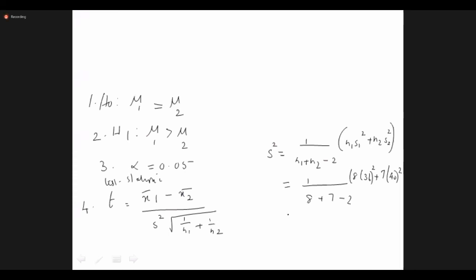This gives 1659.08. Now you substitute it here. Next page we will go.